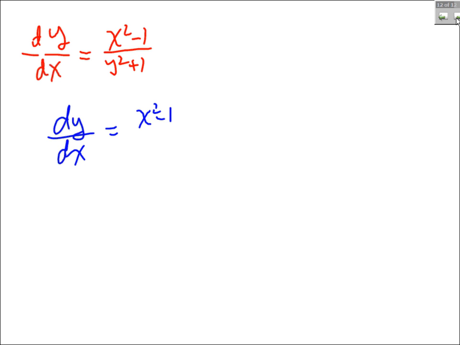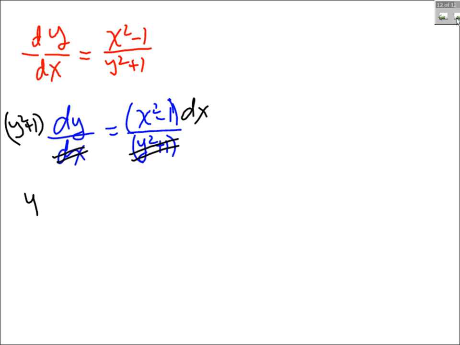So we can think of the x squared minus 1 as one term, which makes it a factor, and the y squared plus 1 is one term, and move the pieces. Well, I surely want to move the dx to the numerator. Okay, I just did. And the y's, I want it by the dy. And we're done. We separated it. Y squared plus 1 dy is equal to x squared minus 1 dx.